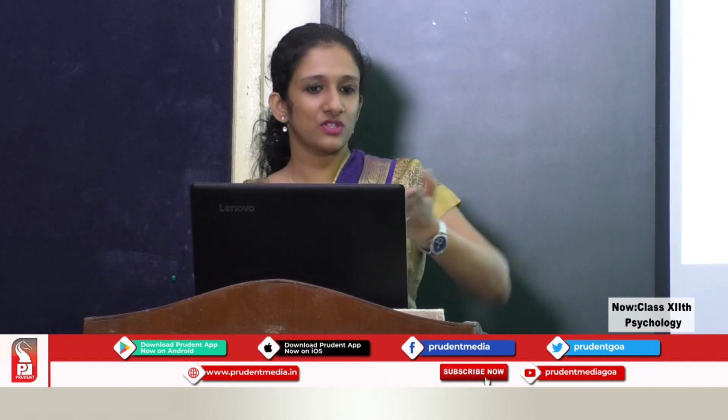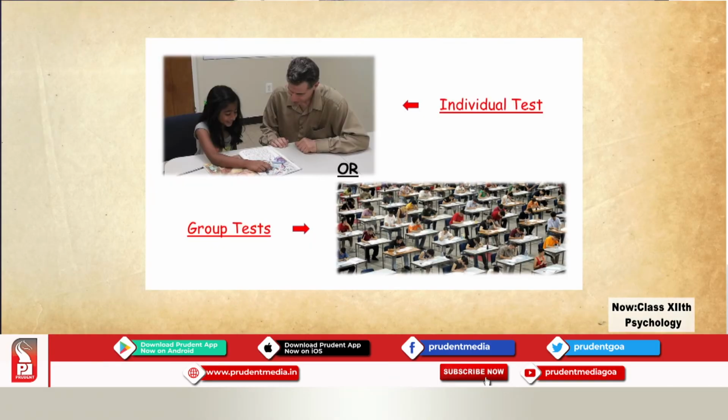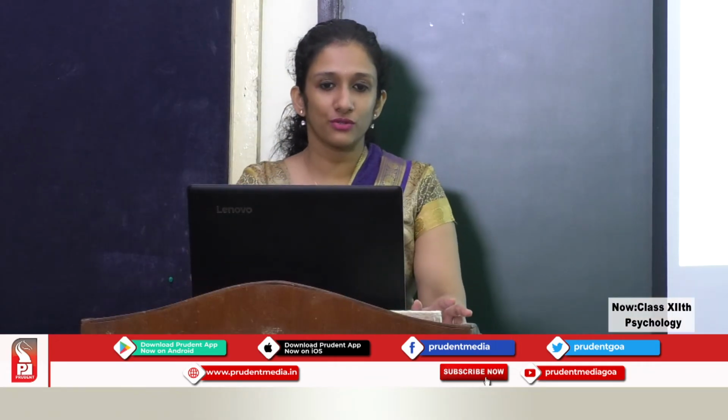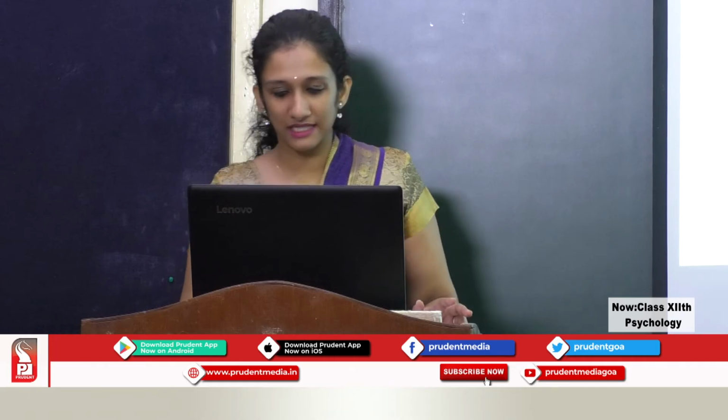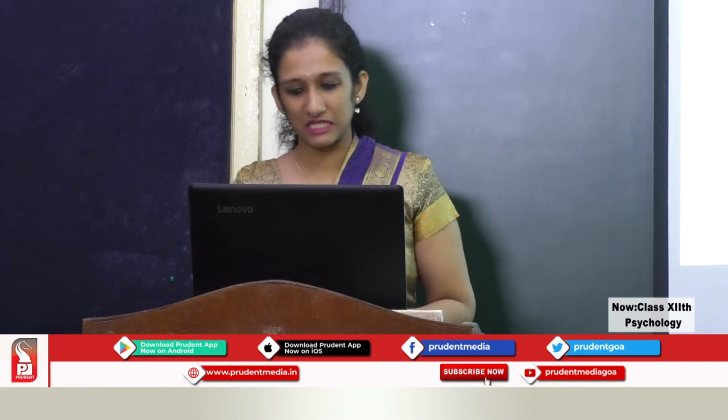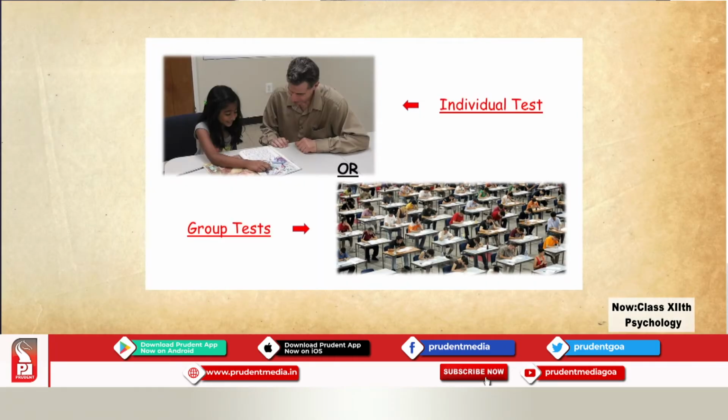The first image that you can see is of individual tests, and the second is the group tests. So, you may get a question asking you to differentiate between the two. So, keep in mind that an individual test is one which can be administered on one person at a time, as you can see in the image over here, and a group intelligence test is administered to several people, okay, many people, simultaneously at one time.